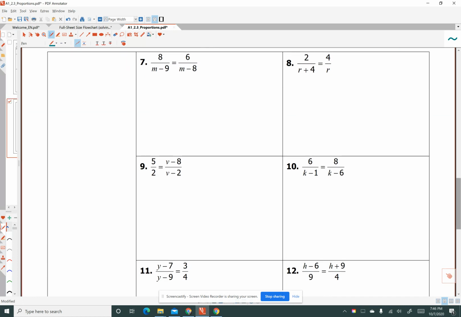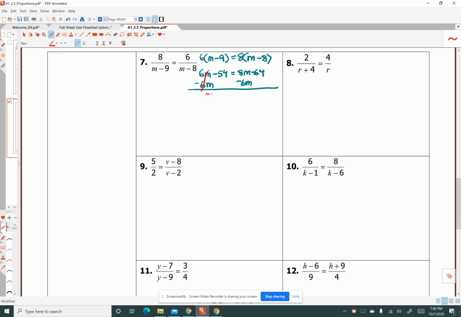Okay, we've got 6 times the quantity of m minus 9 equals 8 times the quantity of m minus 8. So on the left we have 6m minus 54 equals 8m minus 64. I think I'll start by subtracting 6m from both sides. Maybe I'll change the color so we can show our steps a little bit.